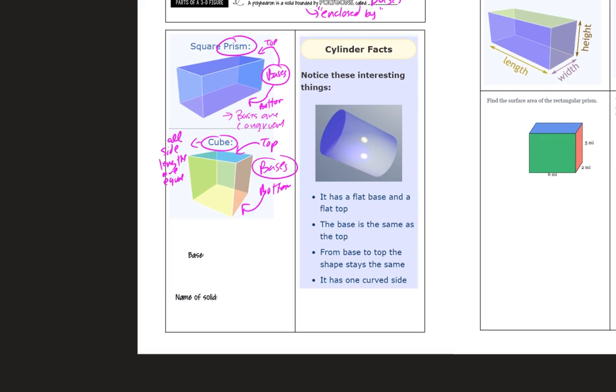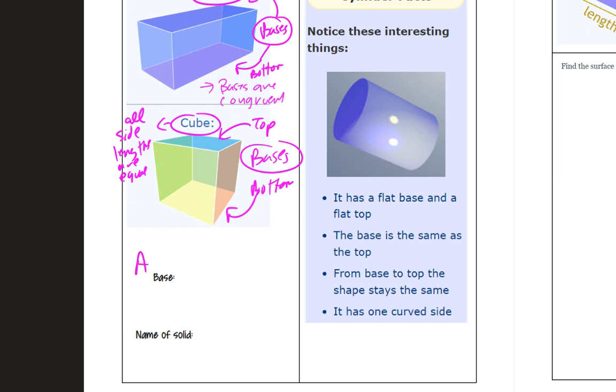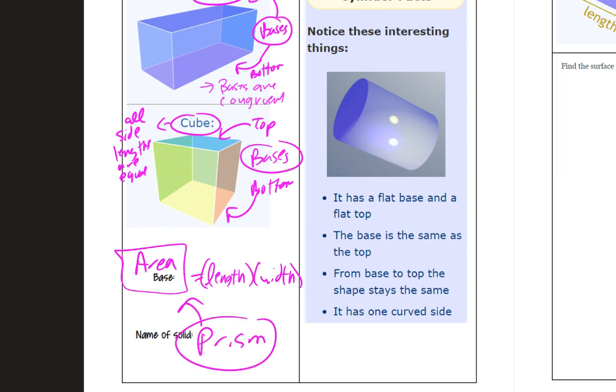The area of the base, if it's a rectangle, is always going to be length times width. Length times width is always going to give the area of the base. So on a prism, that's how we're going to find the area.